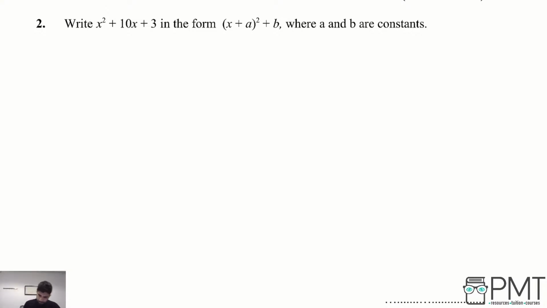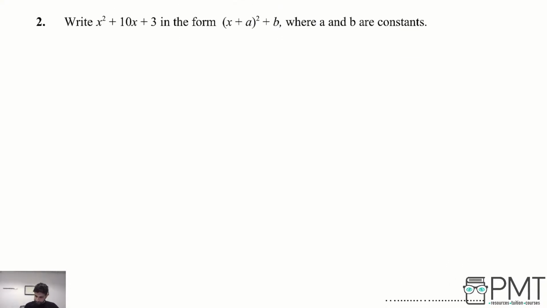We have got x squared plus 10x plus 3. It is the same question. Like you say, it's a very similar question. You just need to complete the square. So I will say this is going to be equal to, I open my bracket. First term is an x coming from this.